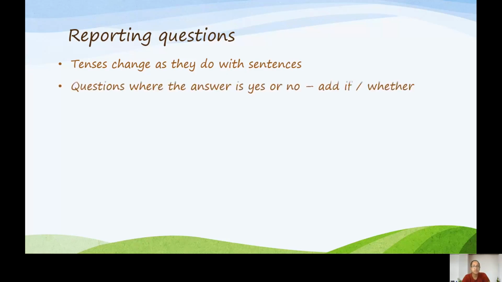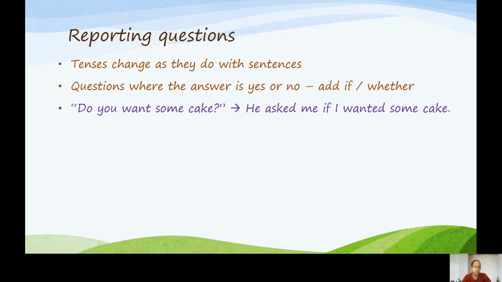Now, let's talk about questions. Tenses change in a question just like they do in sentences. And if the answer to a question is yes or no, so basically if the question begins with an auxiliary verb rather than a question word, we add if or whether into the reported question. For example, do you want some cake?